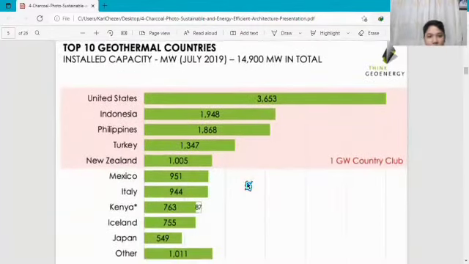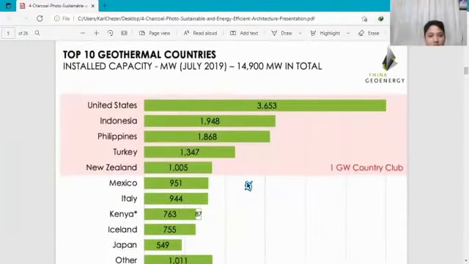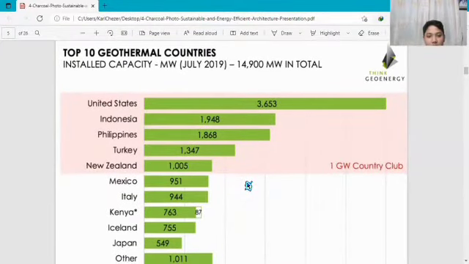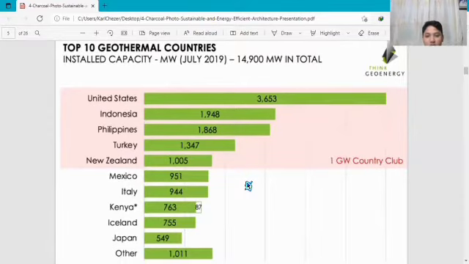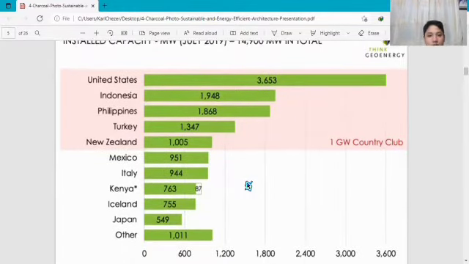Ito naman sa top 10 geothermal countries. Installed capacity in MW as of July 2019, 14,900 MW in total. Nangunguna ang United States na may bilang na 3,653. Pangalawa ang Indonesia sa 1,948. Pangatlo yung Philippines 1,868. Pang-apat sa Turkey 1,347.